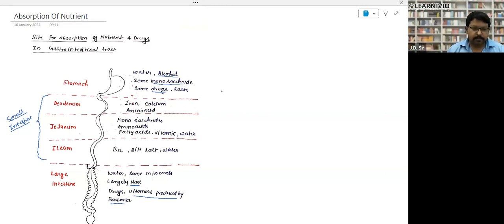So take the screenshot and leave some space for making this diagram. And I hope that after the class you will write it down. Right. Write down something.